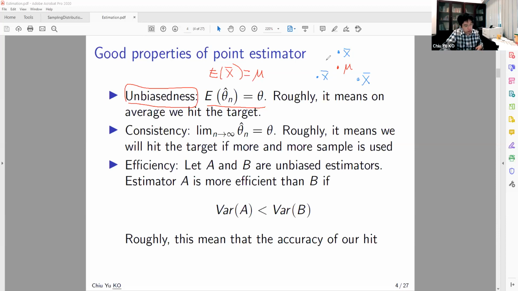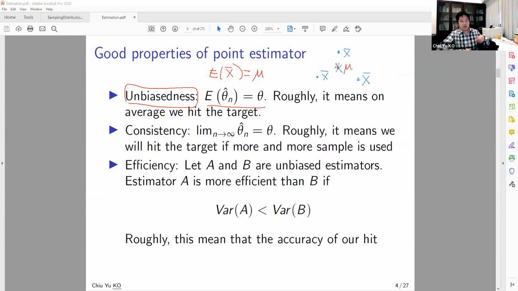It's like the application in the US election. Many people do surveys or polls, asking whether you support Trump or Biden. There are many polls, and they aggregate them, add them together. That will give you a correct estimate of the target. But that doesn't mean any single one falls on the target.